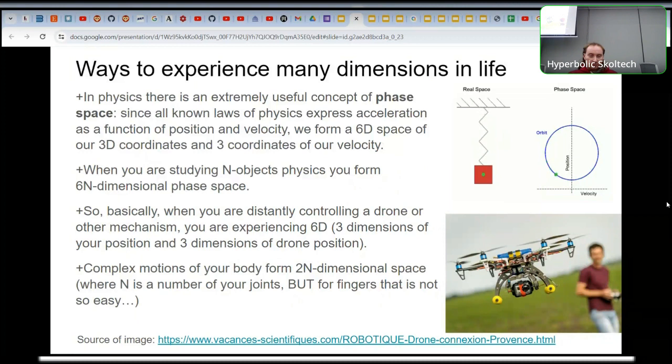And also maybe some complex motions of your body form a 2n-dimensional space, where n is the number of your joints. And actually there are some complications with this, because, for example, fingers are not so free to bend.